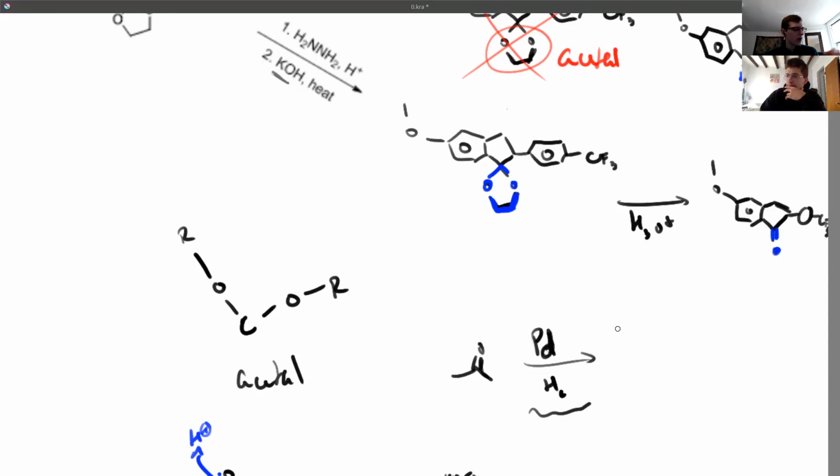Actually, I think you can reduce aromatic rings if you use a lot of heat and pressure. So I guess in that case, it would probably work on everything I can think of. I know there are a ton of variations on using hydrogen gas to reduce things.